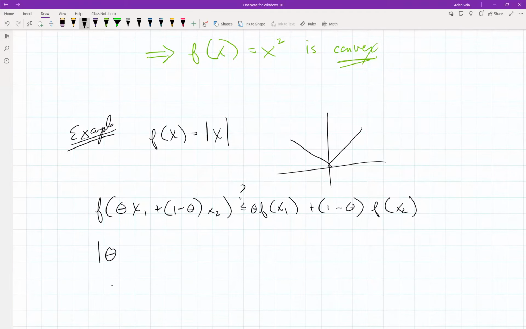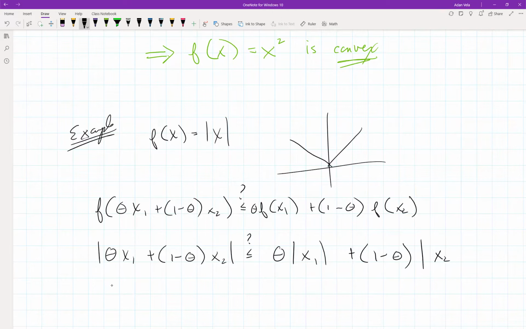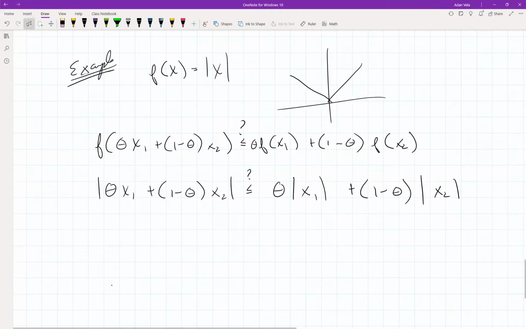We're going to get the absolute value of theta x1 plus 1 minus theta x2, less than or equal to, and again, that's the question that we're asking, theta absolute value x1 plus 1 minus theta absolute value x2. At this stage, we're going to apply a trick that corresponds to the triangle inequality. You probably learned this in your calculus class at one point.